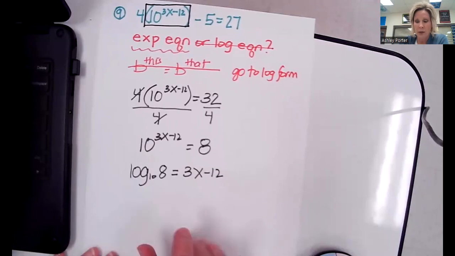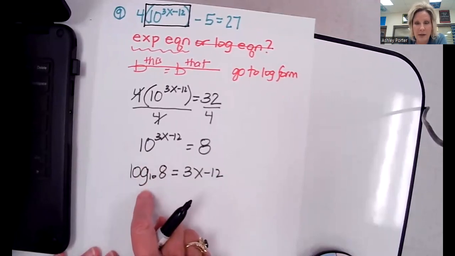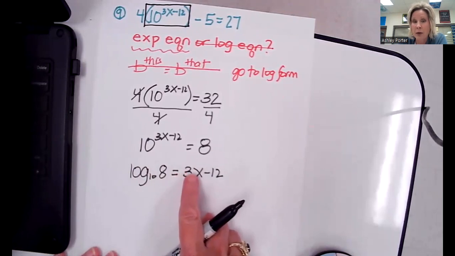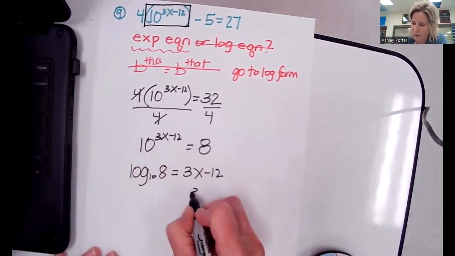All right, so I don't expect you to know what decimal log base 10 of 8 is, but I do expect you to realize that it's just a decimal. So I've got to isolate 3x and then isolate 1x. To isolate 3x, I add 12 over.